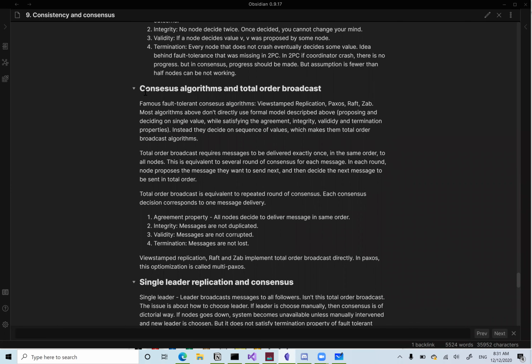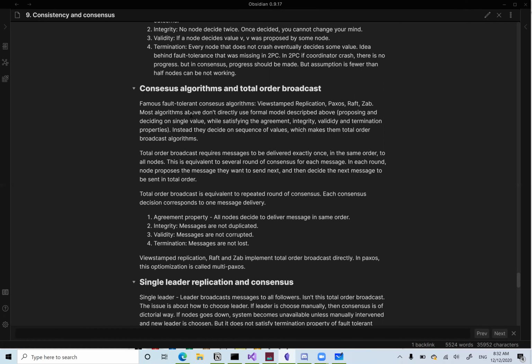So the next topic is consensus algorithms and total order broadcast. What we are saying here is that many of the consensus algorithms that we will see are basically total order broadcast, in the sense that they are trying to replicate a set of logs in the same order.